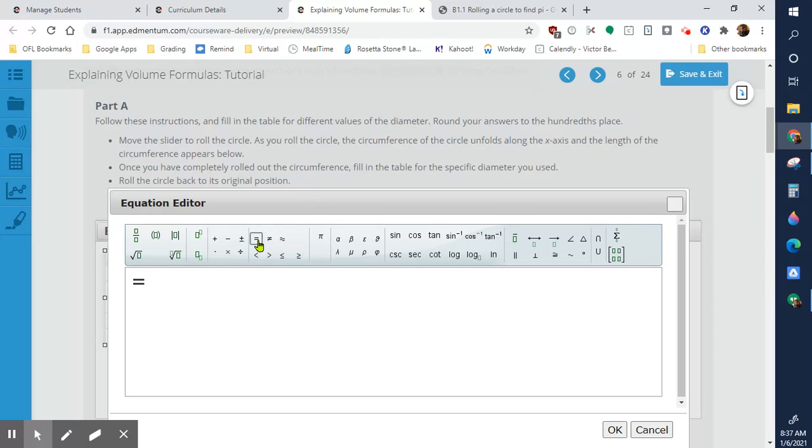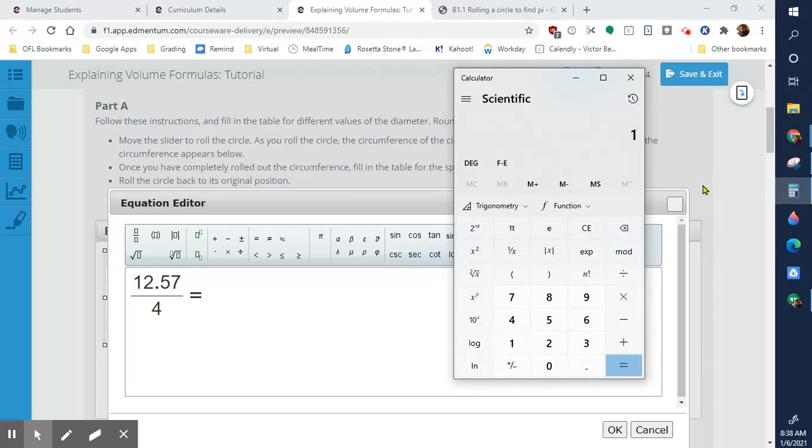Equals 12.57 divided by, oops, let me make this a fraction. Better, because a ratio should always be considered a fraction. I just put division because division and fractions are the same thing. Divided by 4, which is equal to, I don't need this equal sign, they're already asking me for it. Let me grab a calculator here: 12.57 divided by 4.